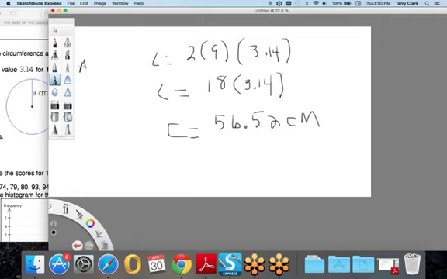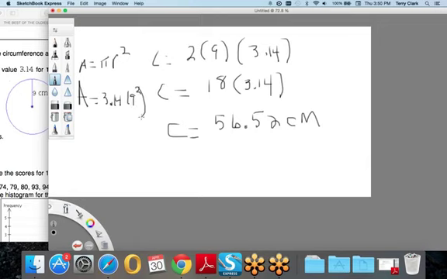All right, to find the area, it's going to be pi r squared. So we're going to take 3.14 and multiply that times 9 squared.